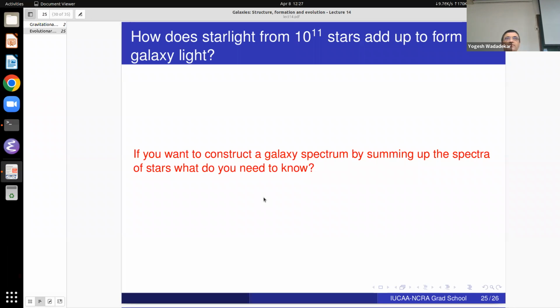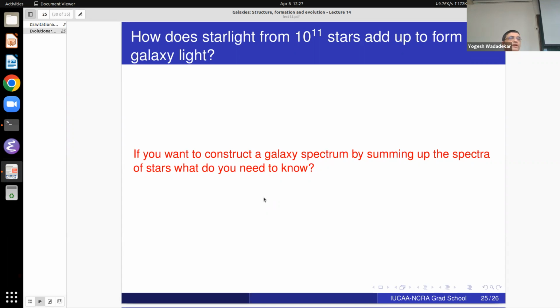Correct. So you will need measurements of the rotation curve in order to disentangle, take out the Doppler velocities, etc. But gas content, how will that affect the spectrum? Sorry?